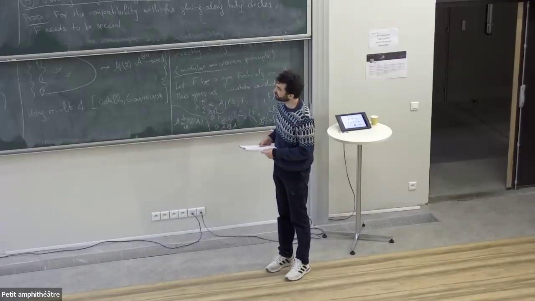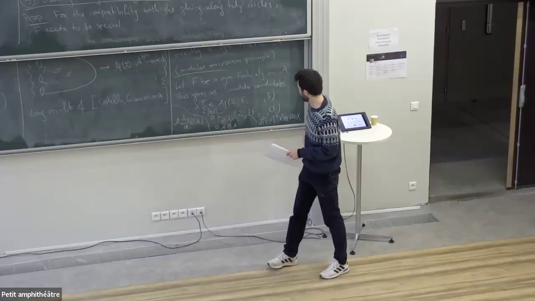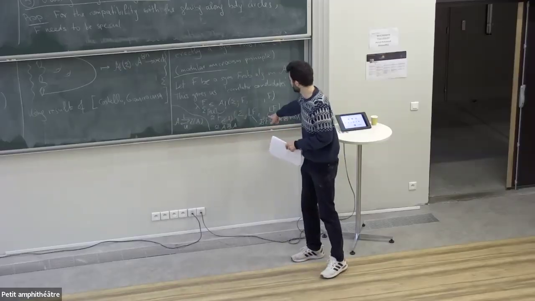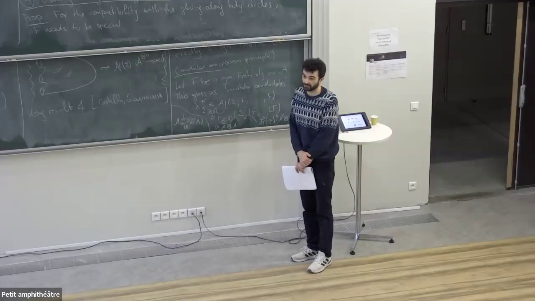But the cylinder is not necessarily going to be sent to the pairing for this object. In other words, if I see it as an endomorphism of this object, this is not going to be the identity, but an idempotent.